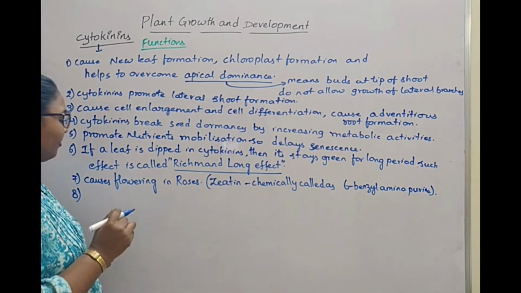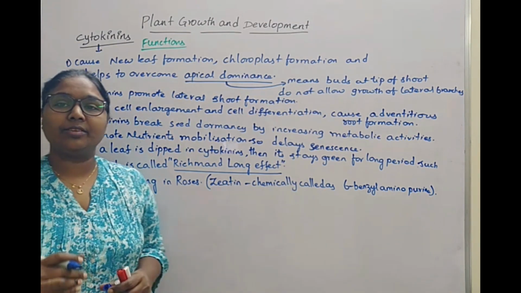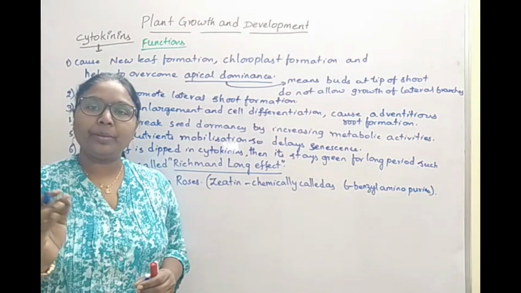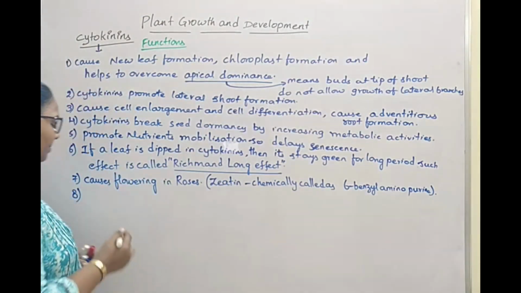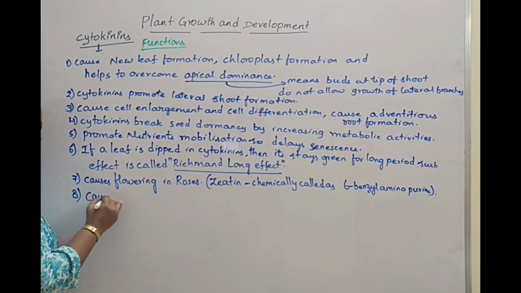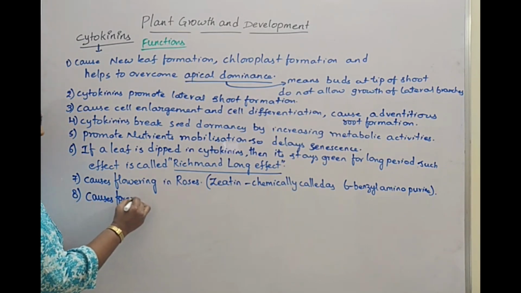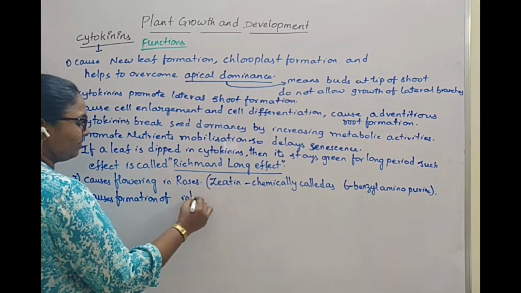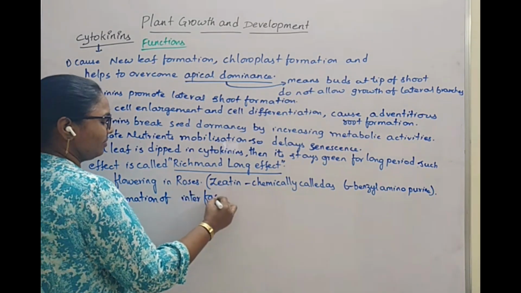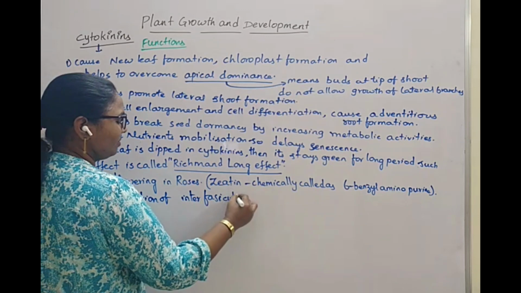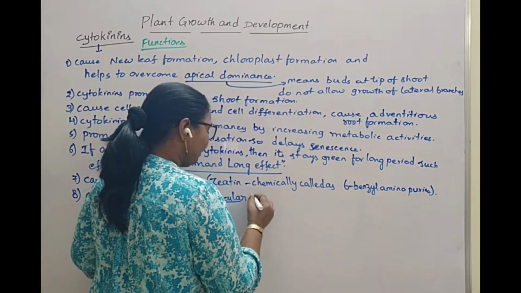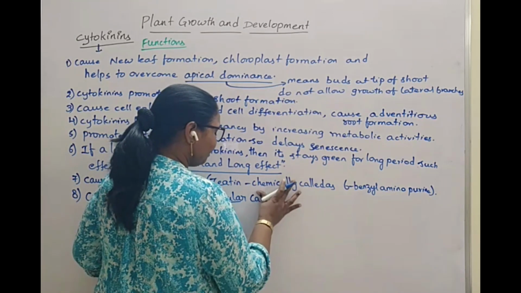Cytokinins cause the formation of interfascicular cambium. Interfascicular cambium is formed between two vascular bundles. You know that fascicle means a bundle.